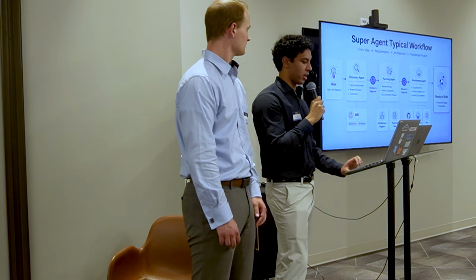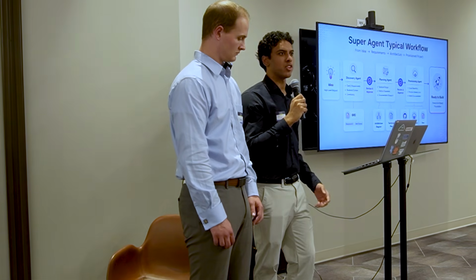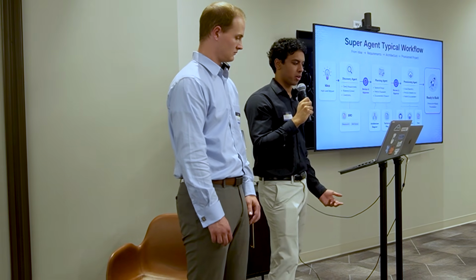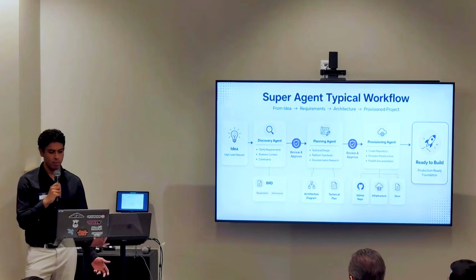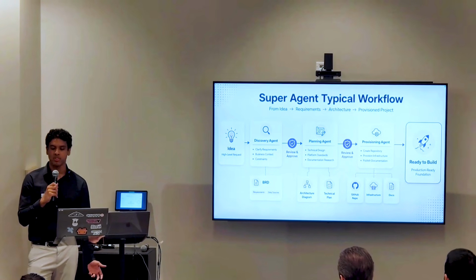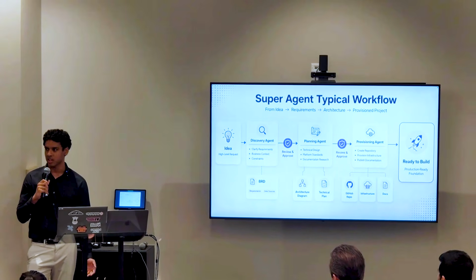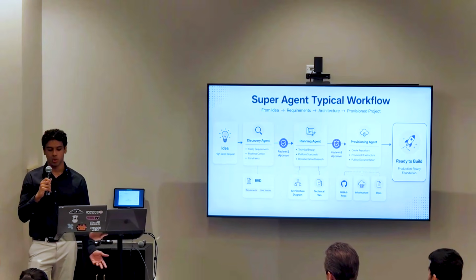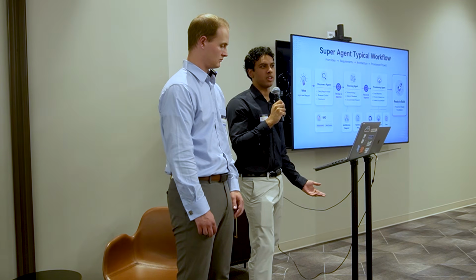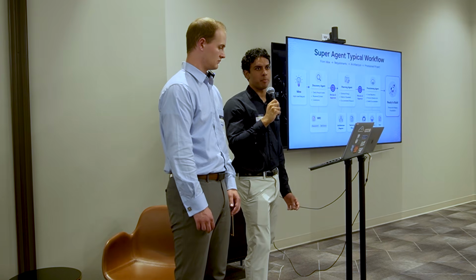So moving on to the planning agent. Now we have a sophisticated business requirement document that's built. The planning agent's main job is to now take these requirements and produce a validated technical architecture that aligns with our standards. What we've noticed here is that many teams at United build with AI.